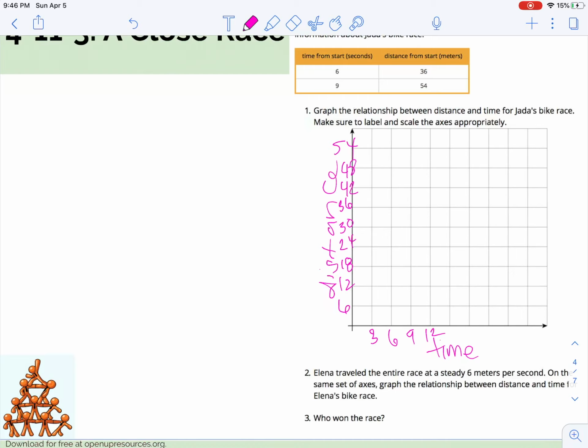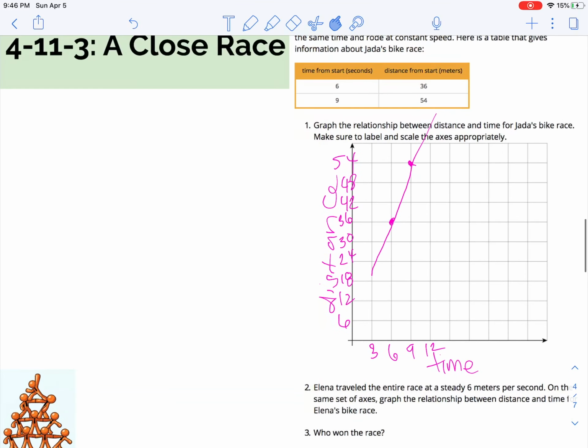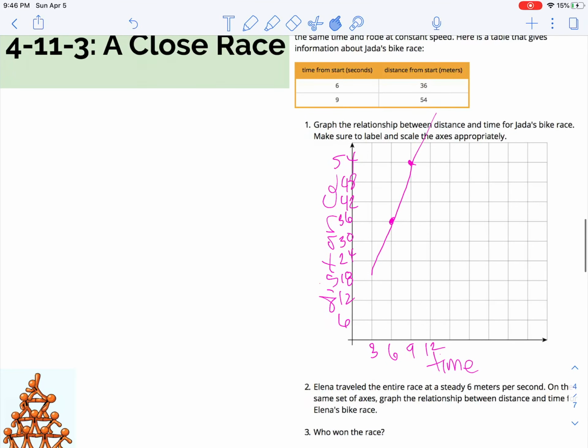Okay, so then we can graph (6, 36). We go 6 up to 36, and then 9 up to 54. And there you can draw your line between those 2 points. Something like that. Okay, so there's our graph.